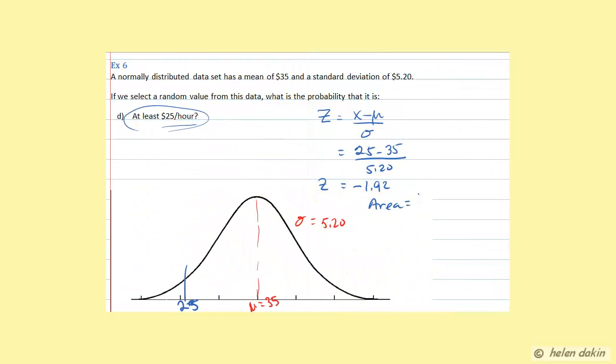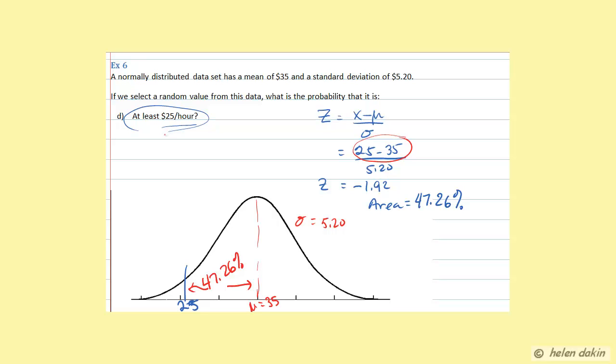So now I have the area of 47.26%, and I can mark it on my diagram. Between 25 and 35, we can account for 47.26% of the distribution. So 47.26% of the distribution is between the mean and 25.